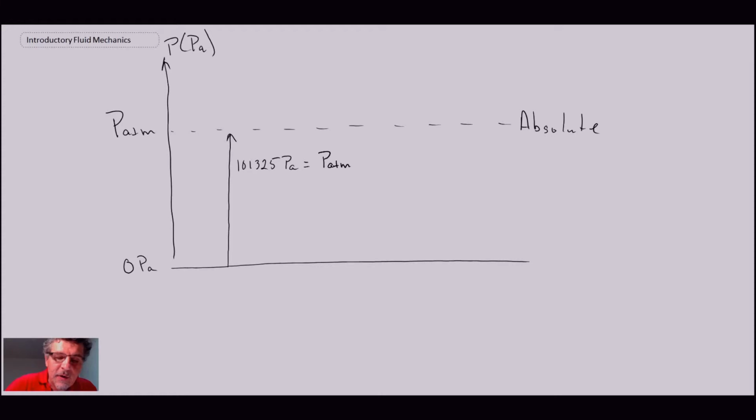If we have a gauge pressure, that would be above the atmospheric pressure. So let's say we have a gauge pressure someplace up here, and let's say the magnitude of that is P g equals 400 pascals.